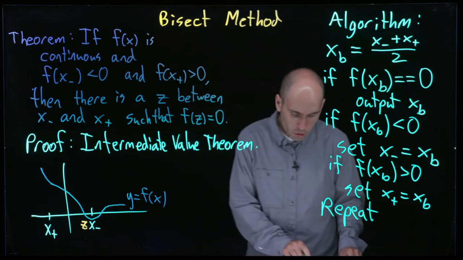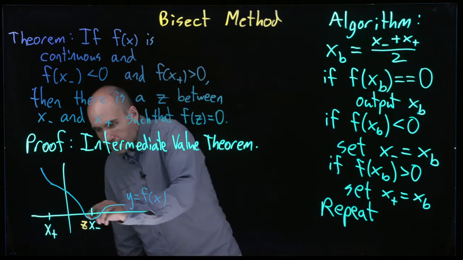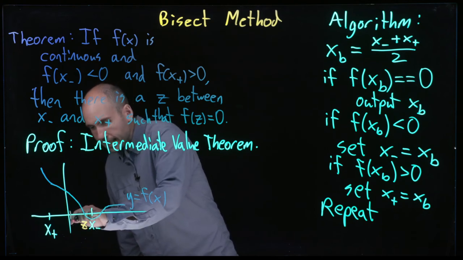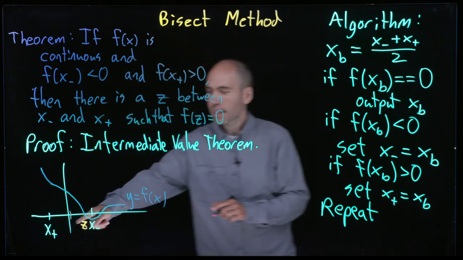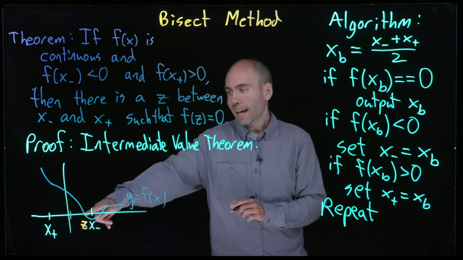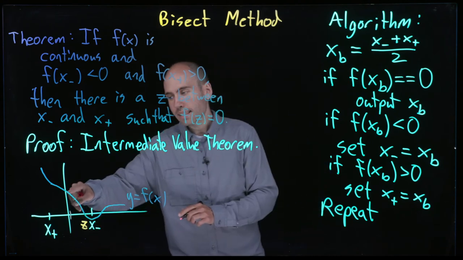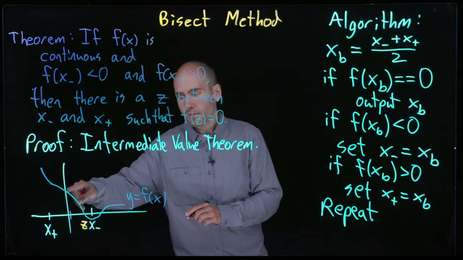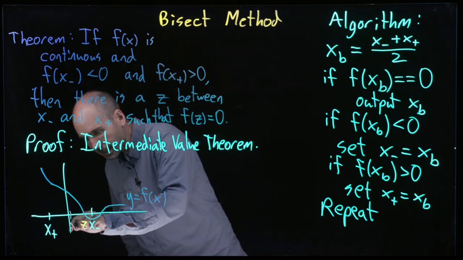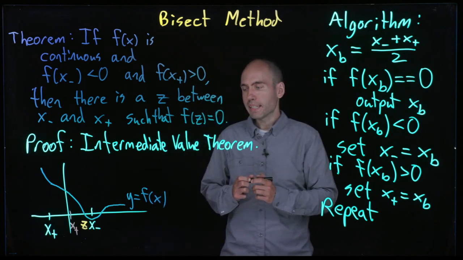Let me show you what happens over on the graph. So x bisect, say this is my new x bisect, halfway between x positive and x negative. Should this be x positive or x negative? Should definitely be x positive because the graph is above the x-axis here. So this is my new x positive. Now I repeat.